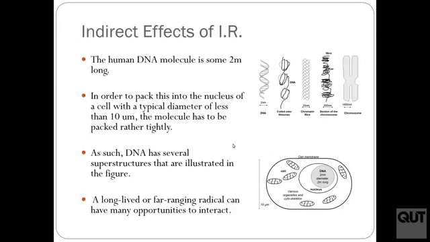So if you get some radiation interactions close together in there, you're much more likely to cause a double-strand DNA break. These are some superstructures of DNA that are illustrated there. A long-lived or far-ranging radical can have many opportunities to interact and be much more likely to cause damage.